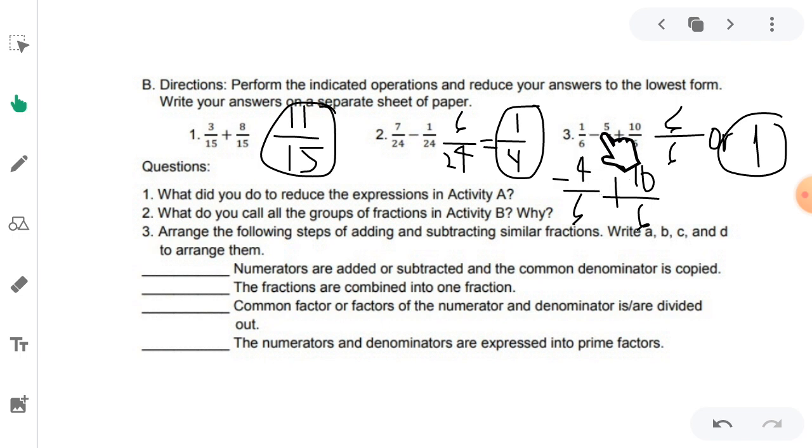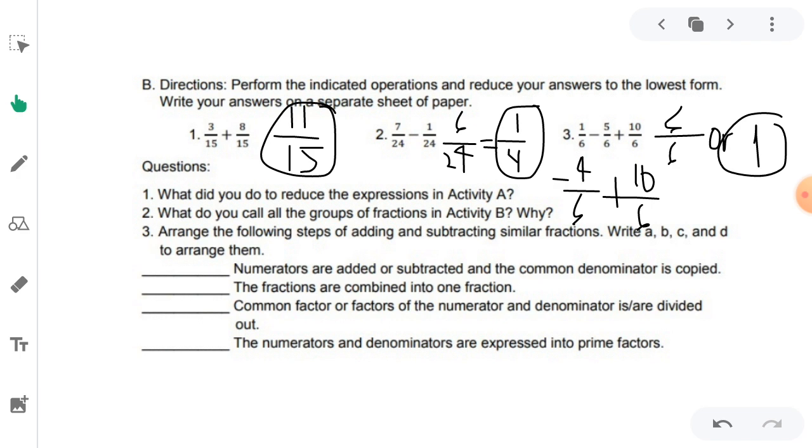So, 1/6 minus 5 over 6. 1 minus 5 is negative 4 over 6 plus 10 over 6. Negative 4 plus 10 is positive 6. And then, copy the denominator, which is 6. So, 6 over 6, when we reduce it into lowest term, becomes 1. So, the answer in number 3 is 1.